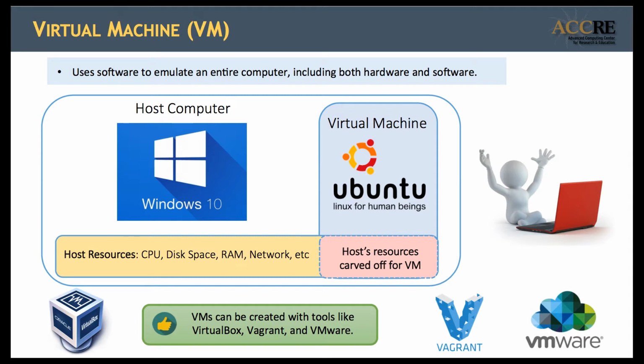One approach would be to spin up a virtual machine, or a VM, and install an operating system like Ubuntu Linux, which is probably the most widely used flavor of Linux today, and to dedicate some of the host resources, maybe a core and a couple gigabytes of RAM, to that virtual machine, and then run your software from within that VM.